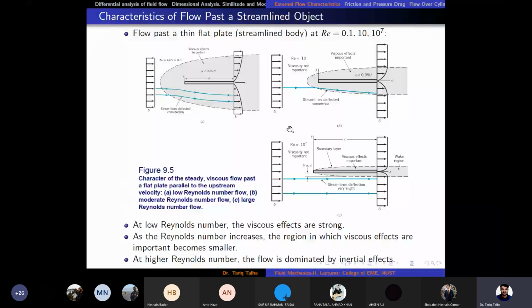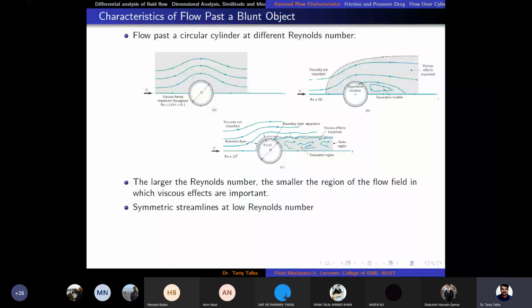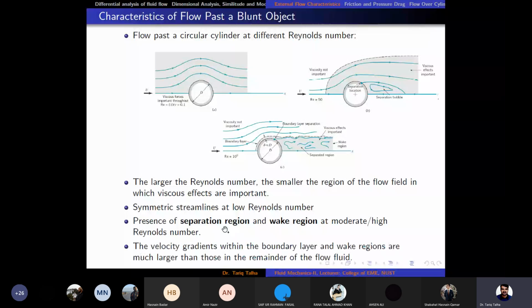So with this discussion, the separation region and wake region, I have shown you on the whiteboard as well by marking those regions, and the presence of separation region and wake region at moderate to high Reynolds number. The velocity gradients within the boundary layer are higher when we have higher Reynolds number, because if this area is thin, it means that the velocity is changing from 0 to the maximum value in a very thin region.